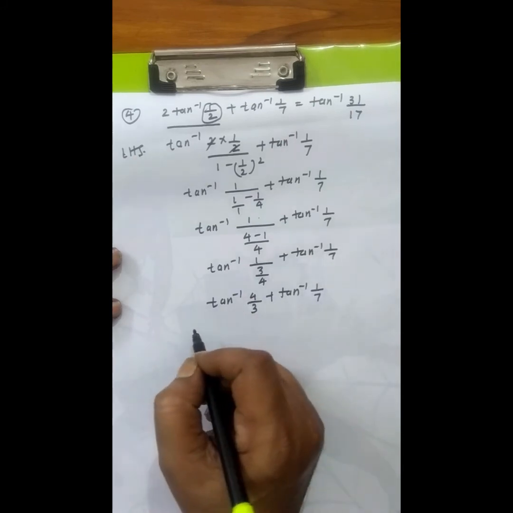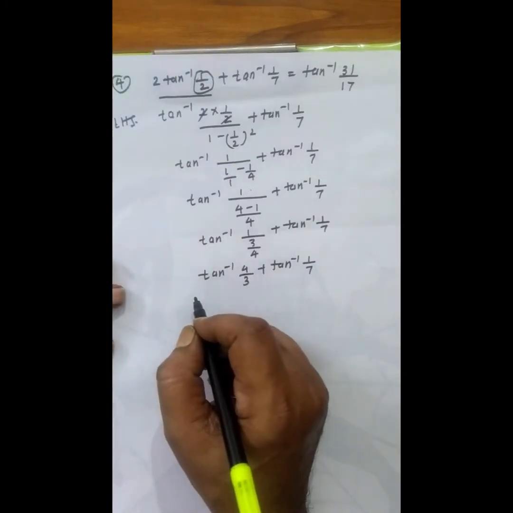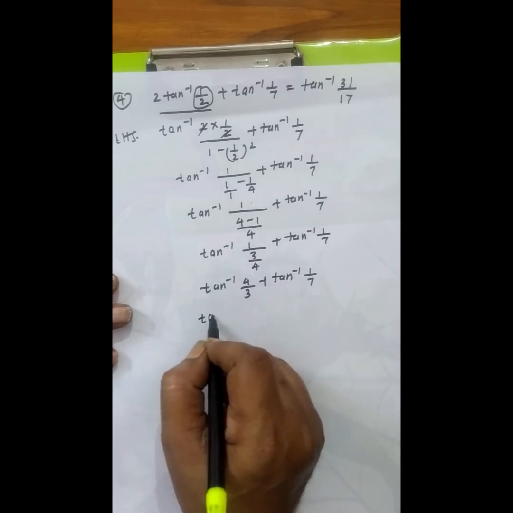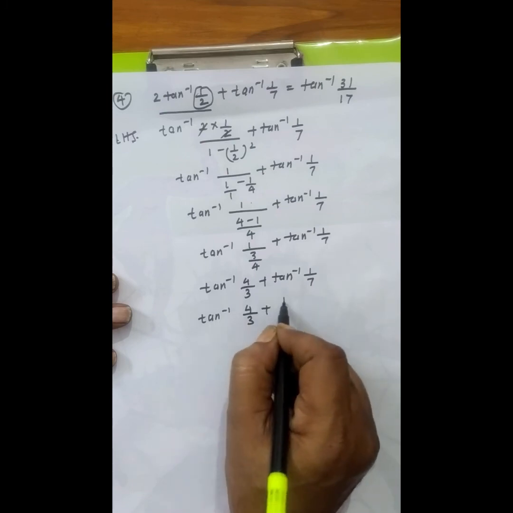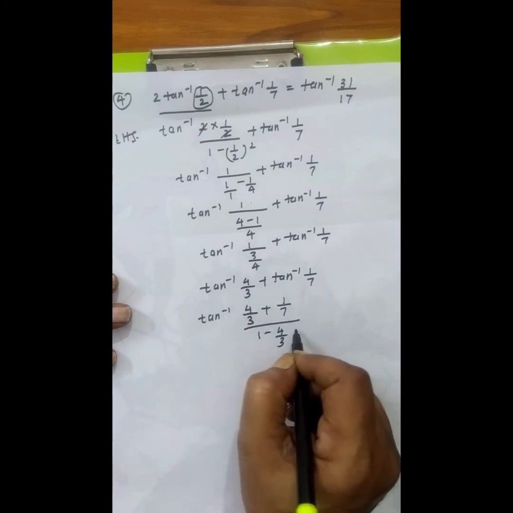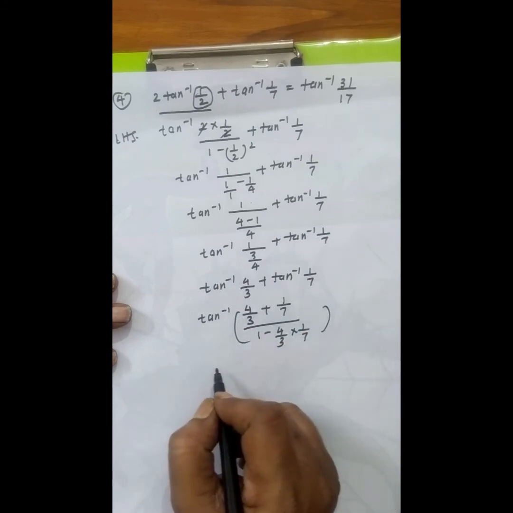Now again you can apply the tan inverse of x plus tan inverse of y formula. So this will be tan inverse of x plus y, that is tan inverse of 4 by 3 plus 1 by 7, divided by 1 minus 4 by 3 into 1 by 7. So this will be, LCM is 21.